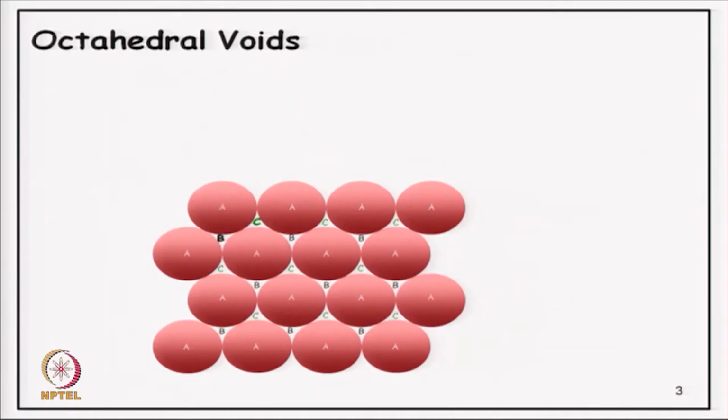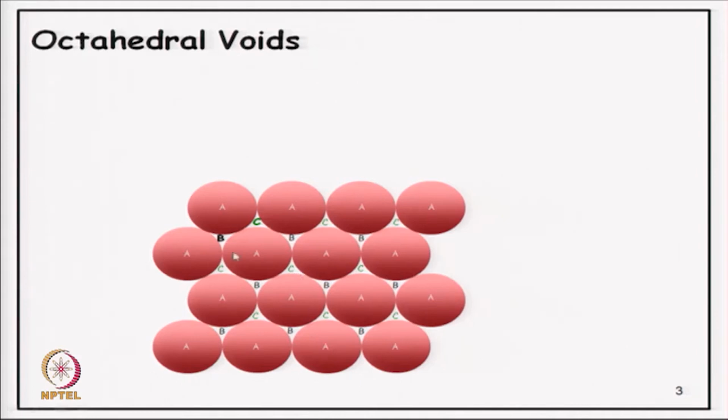The other important kind of void is the octahedral void. This also forms between 2 close packed layers. Again we start with one close packed layer, the A layer, and we focus on the C site.